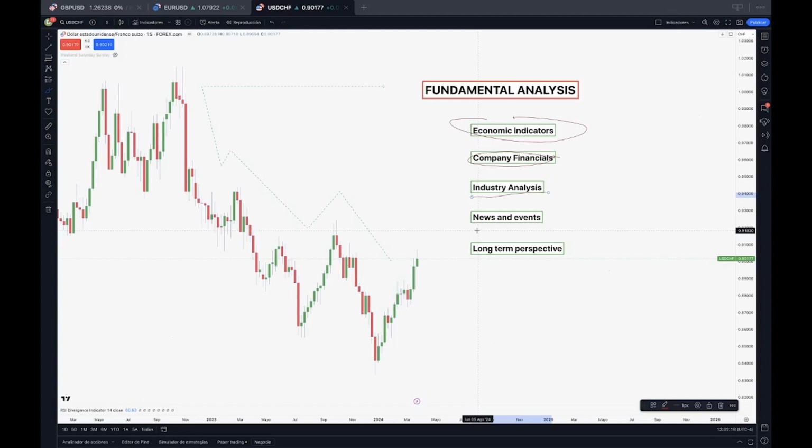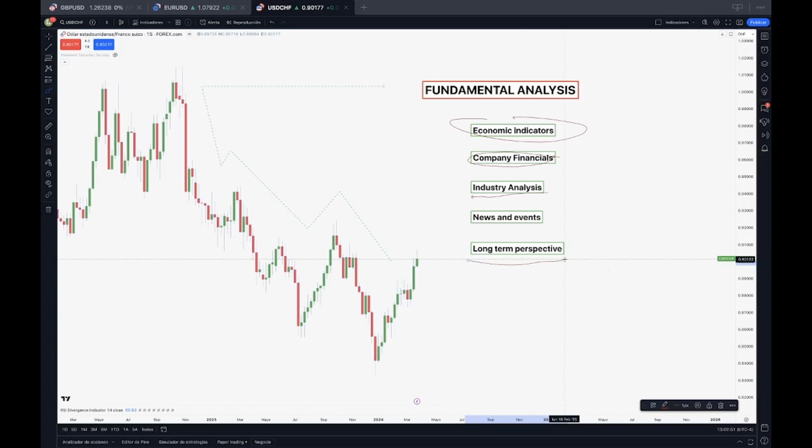And finally, this is something very important when we want to link our fundamental analysis for the long-term perspective. Fundamental analysis is often used by long-term investors to identify quality companies with strong growth potential. However, it can also be incorporated into shorter-term trading, as we do with our strategies, by considering the impact of fundamental factors on price movements.